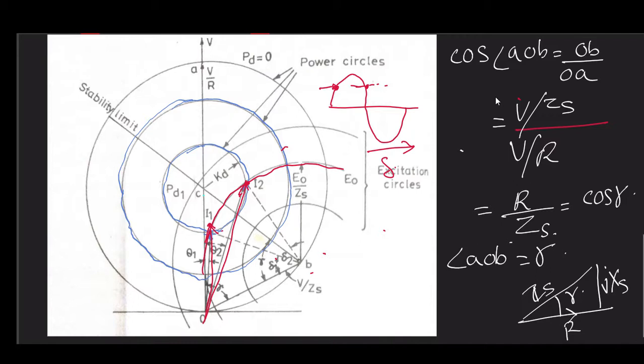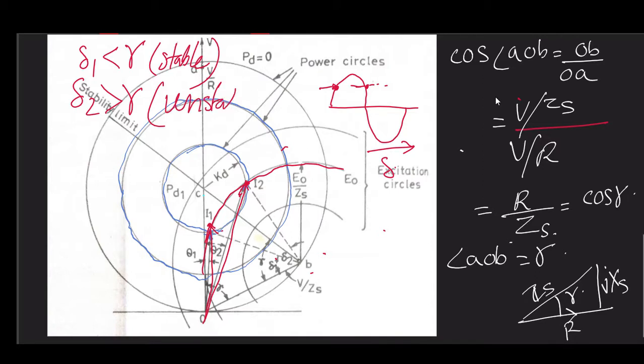If our power angle delta 1 is less than gamma, then it is stable. If delta 2 is greater than gamma, then it is unstable. And from which line has the stability limit to be drawn? The line of stability limit is a line that makes an angle gamma with the line V by ZS.